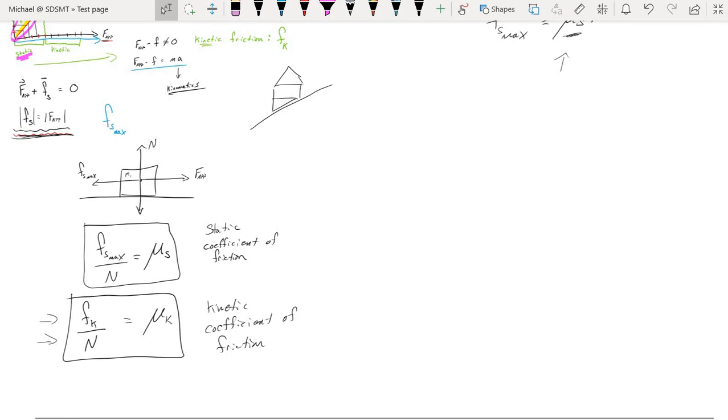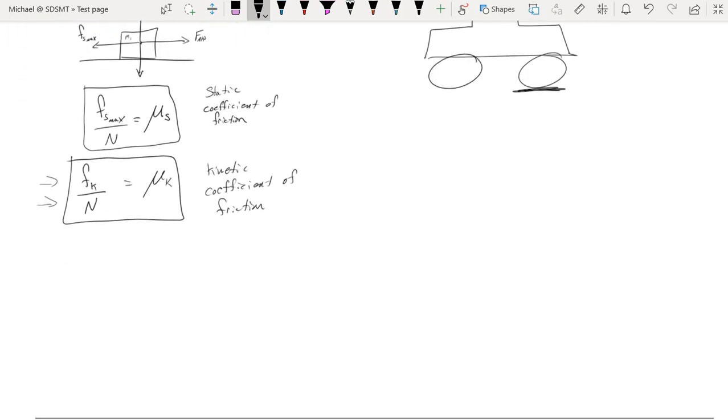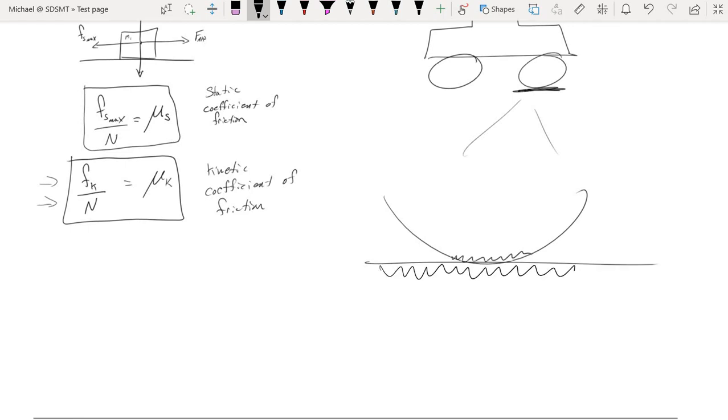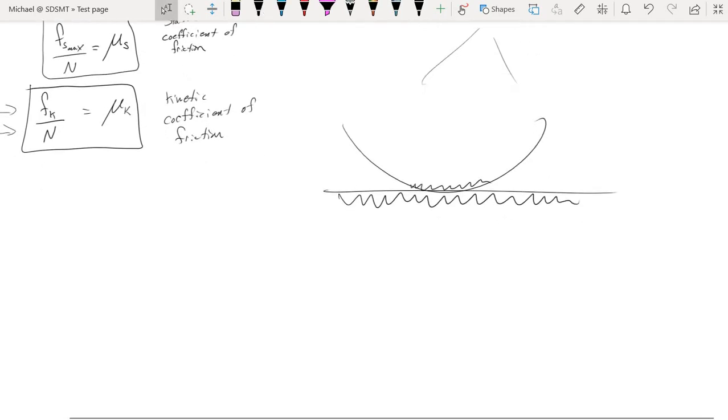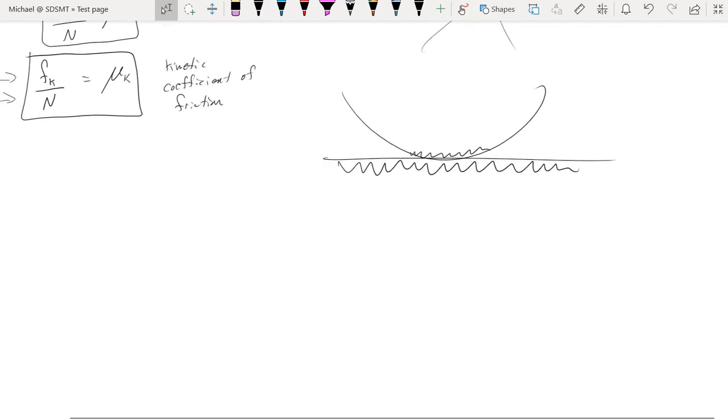As you're driving down the road, your tires have a certain surface texture that is associated with them. So you're driving down the road in your car, and your tire, if we zoom in on this here, has a certain surface texture associated with it, and that surface texture of the tire is going to interact with the surface texture of the road.